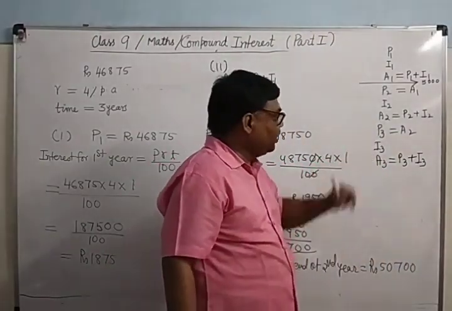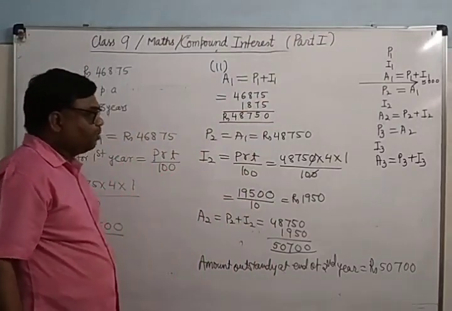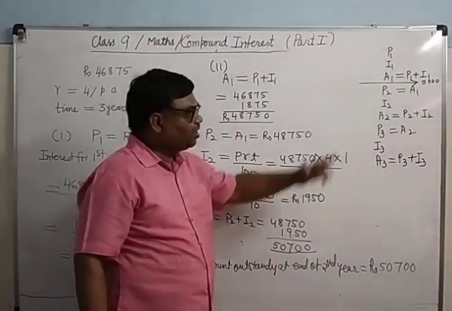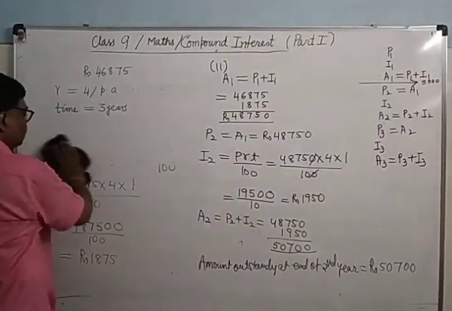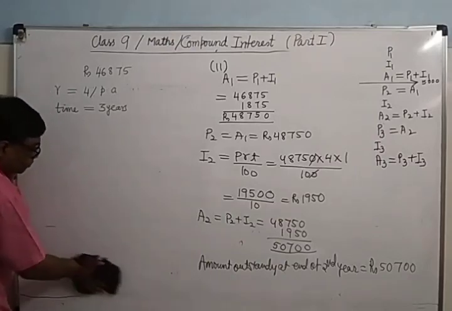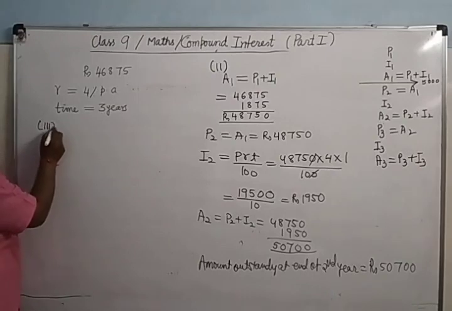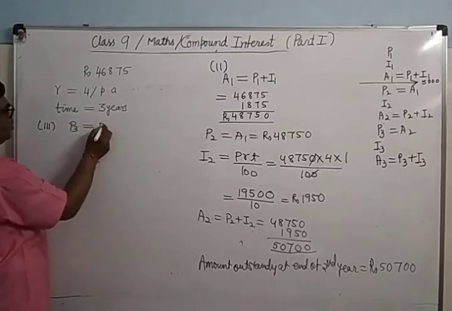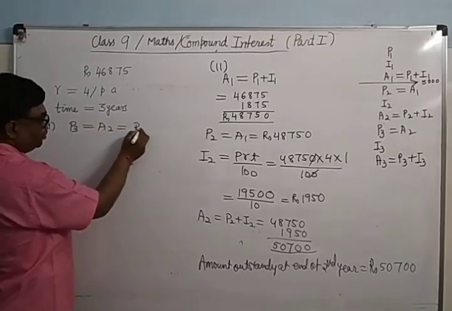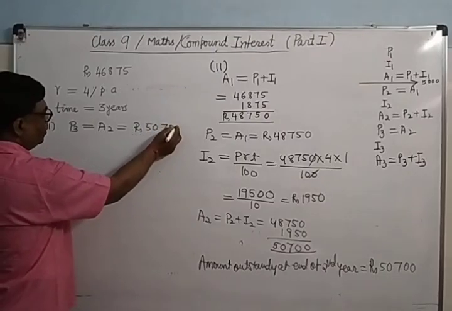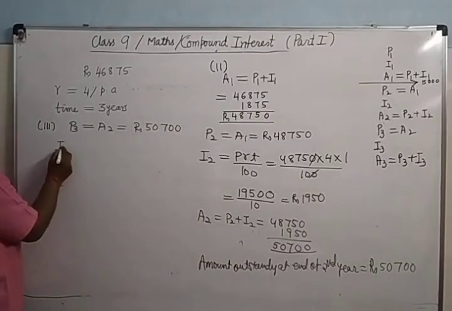Now in the third part you have to calculate the interest of the third year, which means you have to find I3. So before I3, what should we know? P3 should be known. So you see here, what would be P3? This is the third part. P3 will be equal to A2, which is rupees 50700. So what will be the interest of the third year?